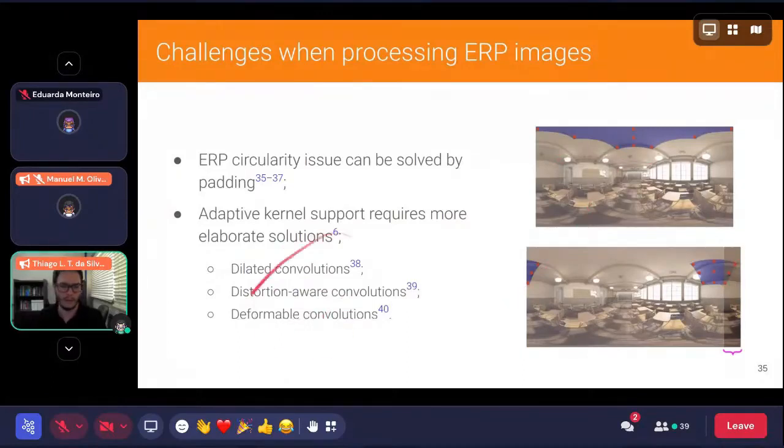The main idea of these three approaches is the one that we just mentioned before, that is to spread those sampling points when computing the convolution over that ideal region or kernel support region.